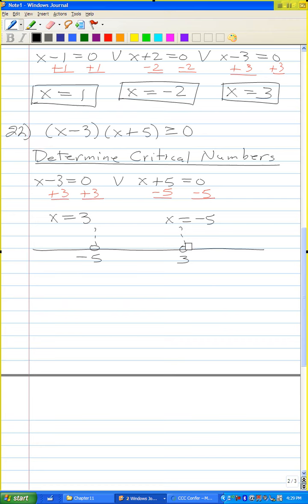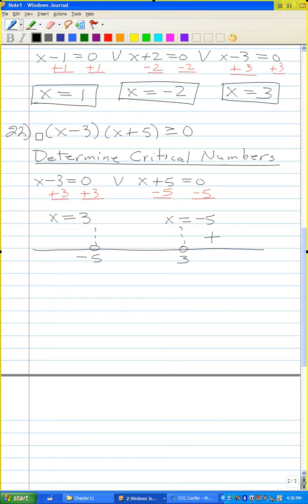And so if I take a number greater than 3, let's say 4, then x minus 3 is positive, x plus 5 is positive. Positive times positive is positive. If I take a number between -5 and 3, let's say 0, then x minus 3 is negative, x plus 5 is positive.